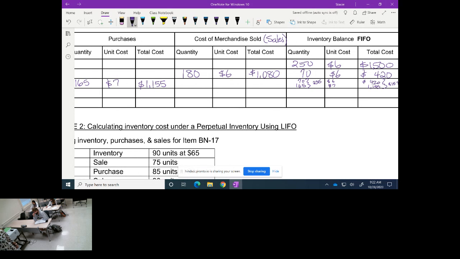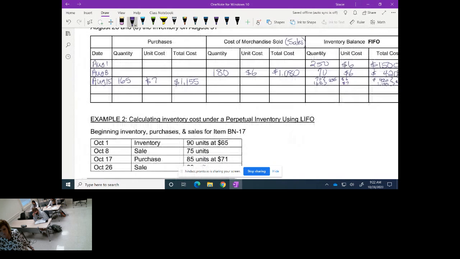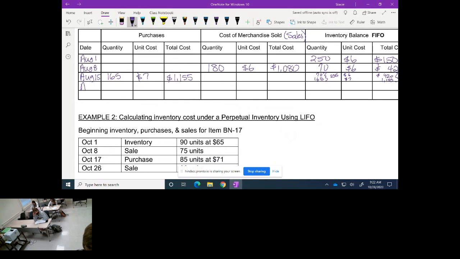Then on August 26th, we have a sale. We're selling 140 units. This is where your costing comes into play. We sold a total of 140, but we've got to use up the first ones first. So on this sale, we've got 70 at $6.